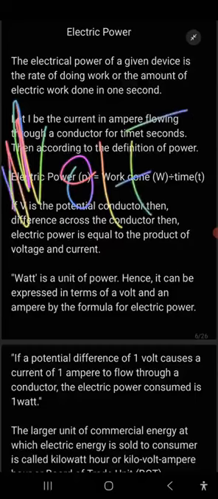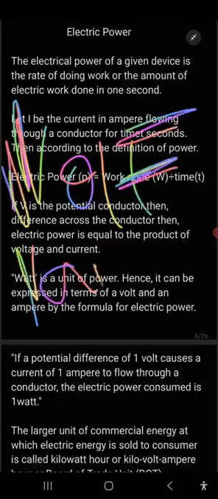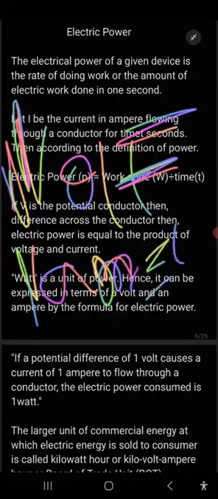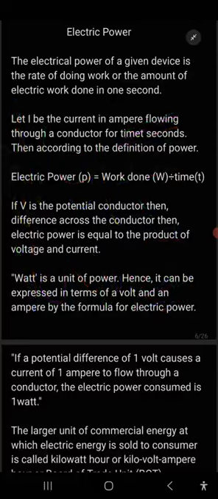It drives 1 ampere through a conductor, and then the electric power consumed is a watt. Isn't that crazy, bro?